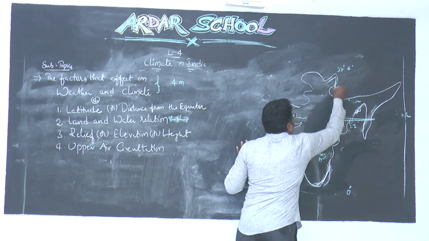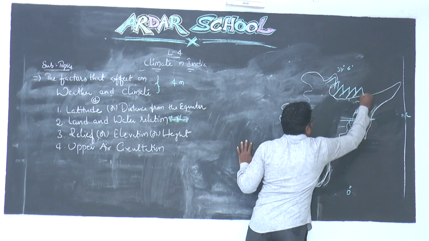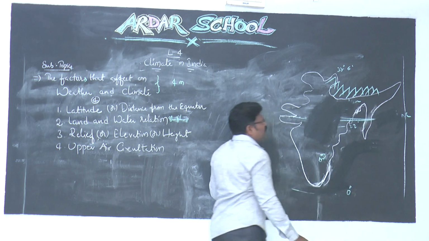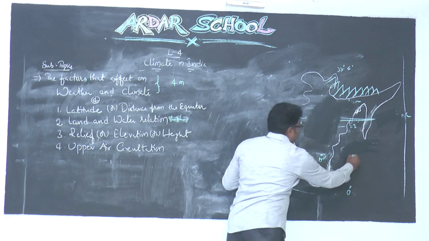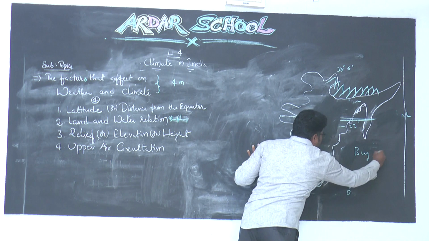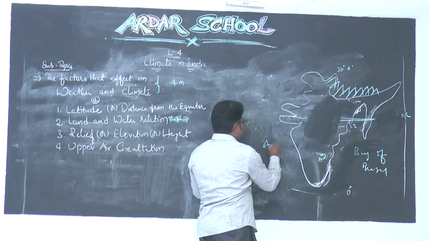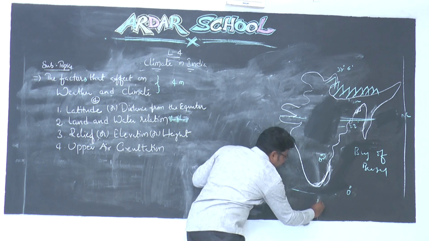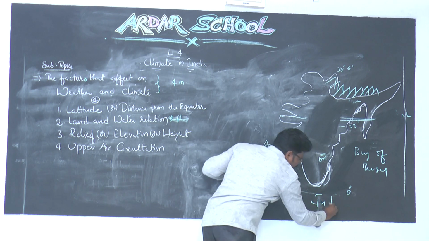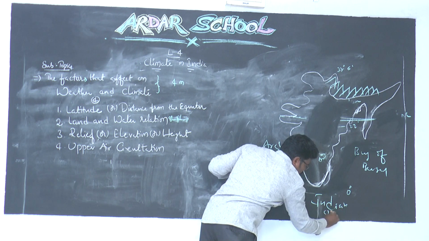Already I have shown the map. Here is the Bay of Bengal, here is the Arabian Sea, and here is the Indian Ocean.